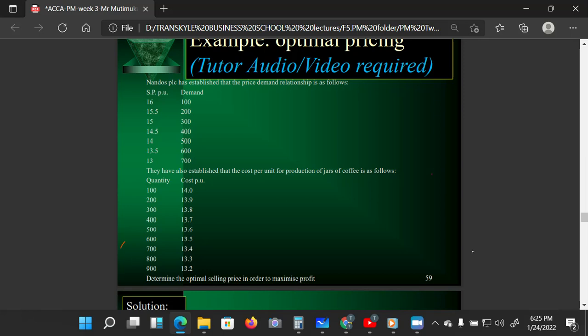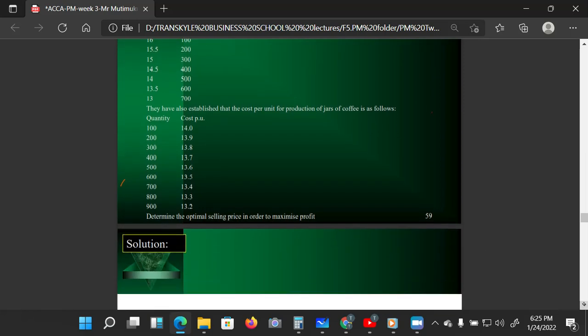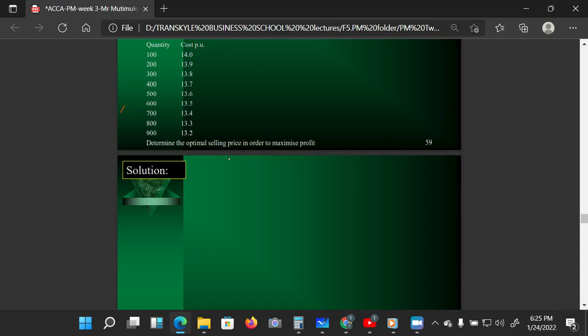So in this video, I would like to illustrate in a tabular form what usually happens when the selling price is increased and what happens when it falls. All right, so let us draw this table with me.